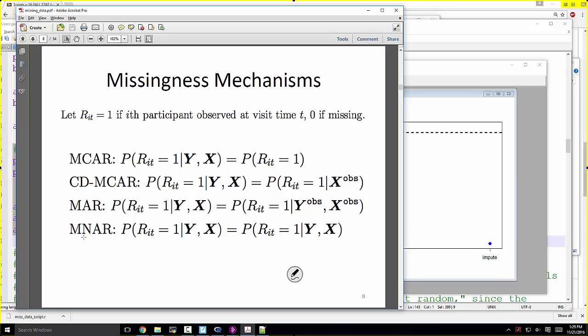If you can at least argue that missing at random is the missingness mechanism, missing completely at random is best because it gives you the most options, it's easiest to deal with. But missing at random is also at least somewhat reasonable to deal with. So if you can at least argue it's not missing not at random, then you're arguably okay and you can handle it. It's when there's missing not at random that there's very little you can do with your data.